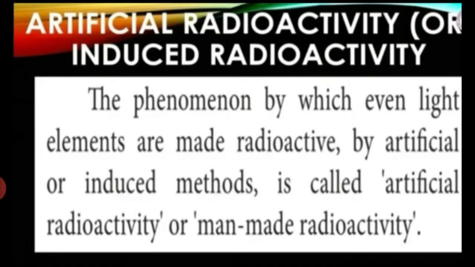Next one is artificial radioactivity or induced radioactivity. The phenomenon by which even light elements are made radioactive by artificial or induced methods is called artificial radioactivity or man-made radioactivity.